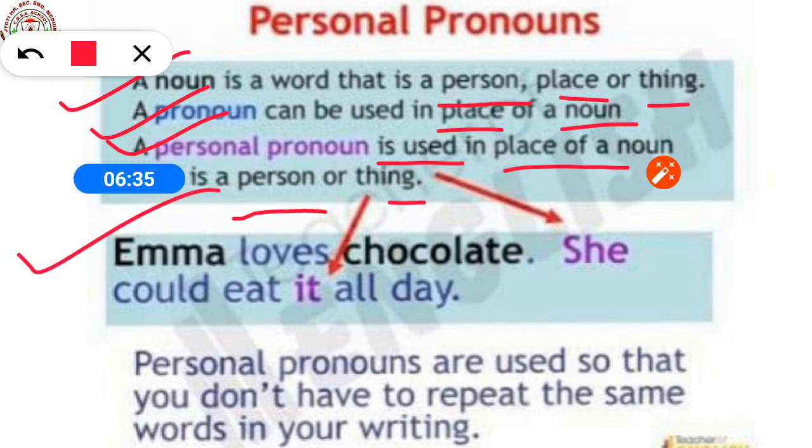So you can see the example. Emma loves chocolate. Emma is a girl, so we can use she. Chocolate is a thing, so that's why you can write she could eat it all day.